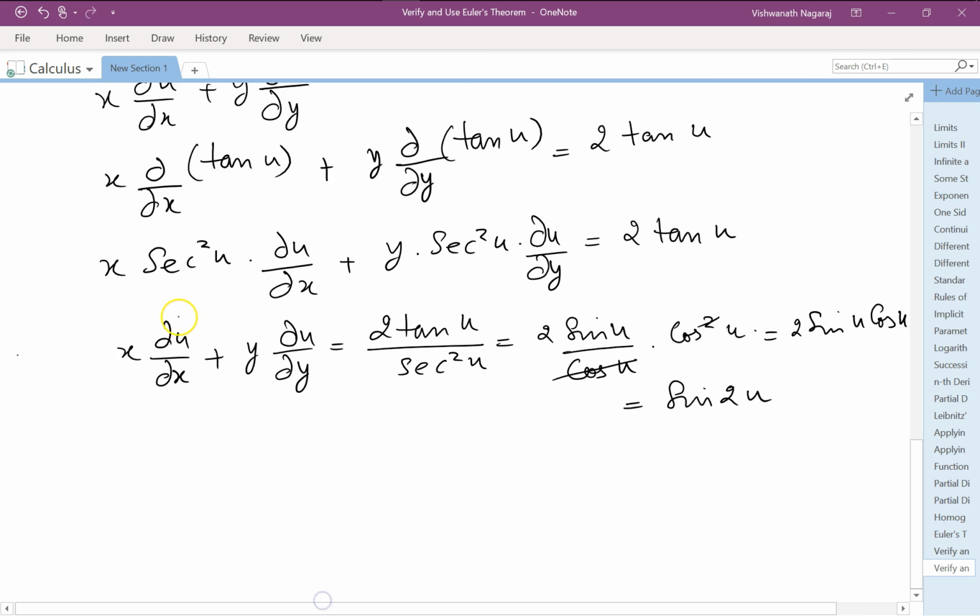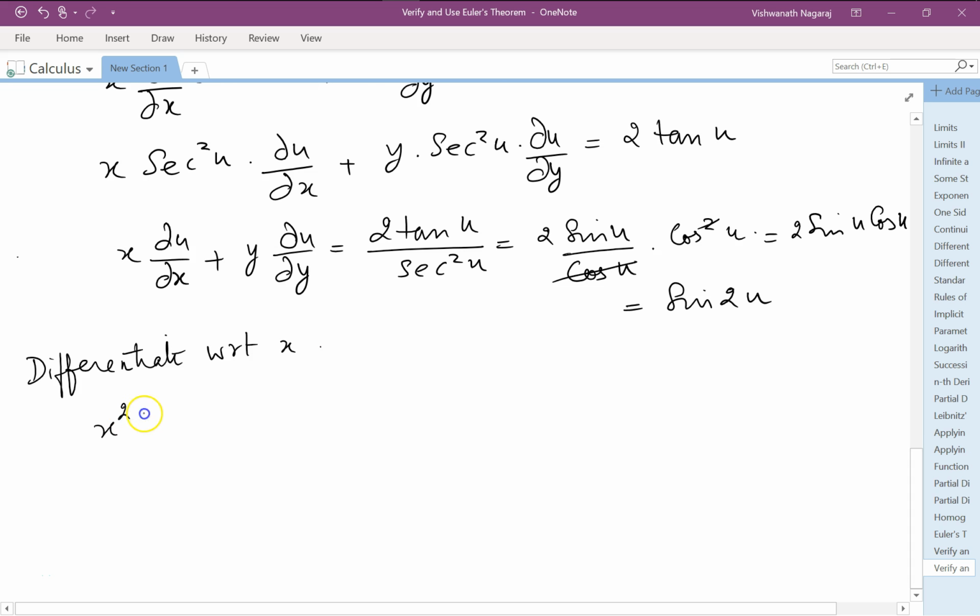Now since we require ∂²u/∂x², we need to differentiate with respect to x. So x square ∂u/∂x plus, see here, x square as it is and we differentiate it once more.